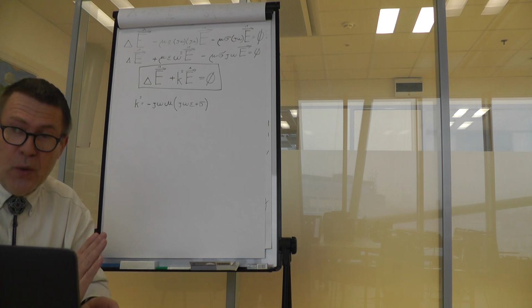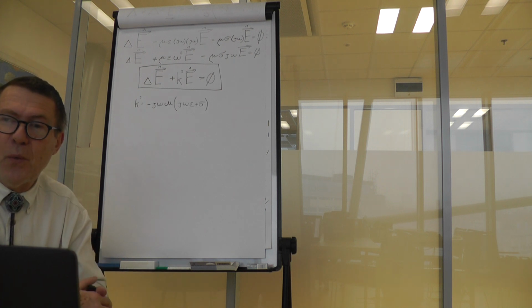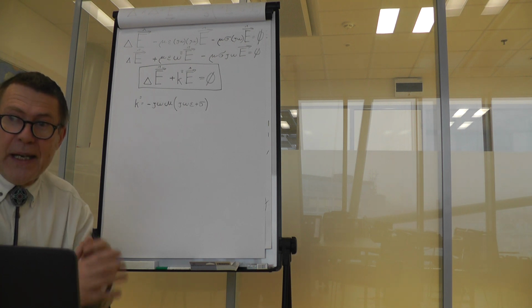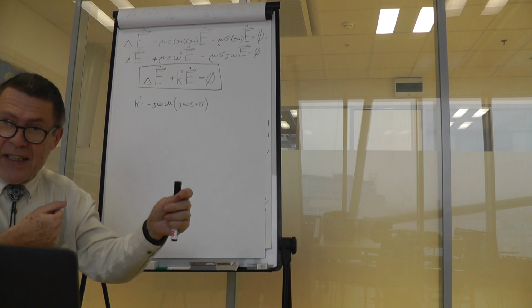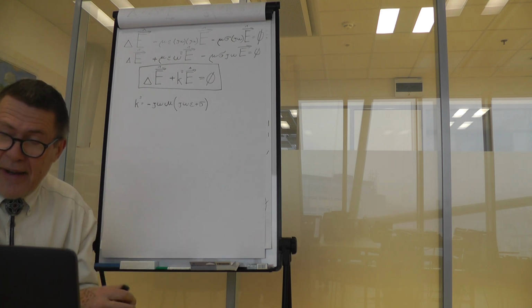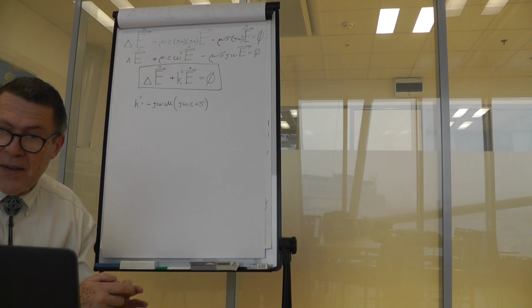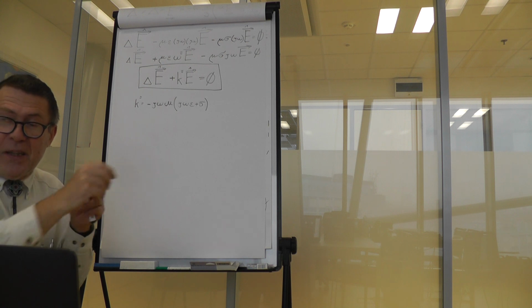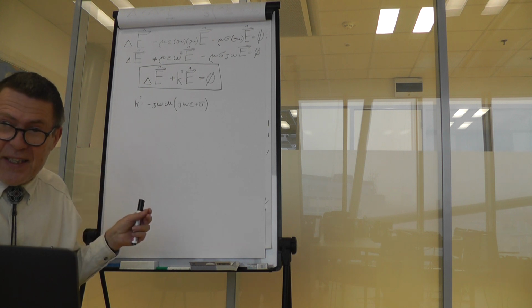What if we know the direction of propagation of the wave? In that case, we can turn our coordinates so that, for example, the z coordinate points to the direction of propagation. Well, if the wave propagates only in one direction, it means that in the other directions it will be constant.